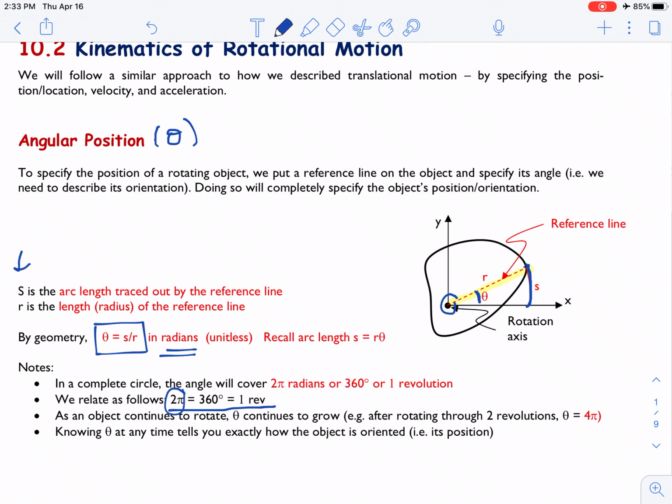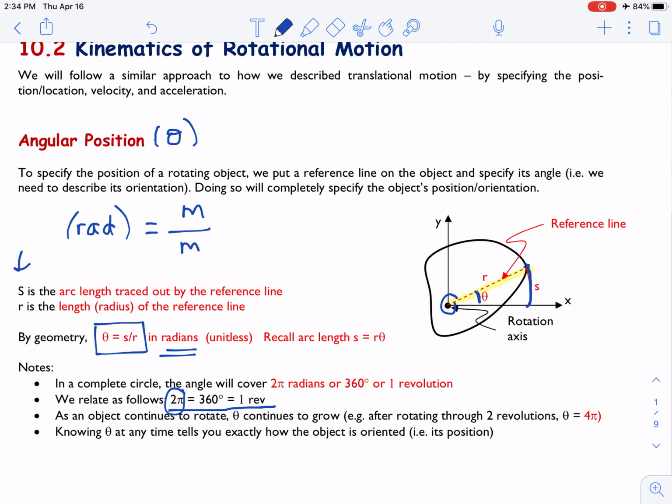So if you look at theta in units, it is radians, and we show it with RAD. And that's equal to arc length. Arc length is a linear length, so we're going to use meters, okay, and divided by radius.